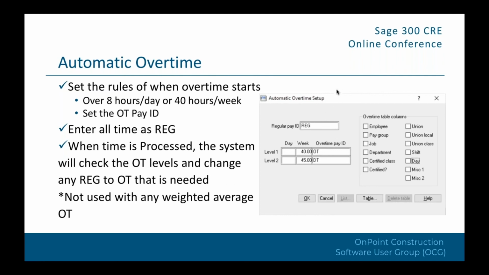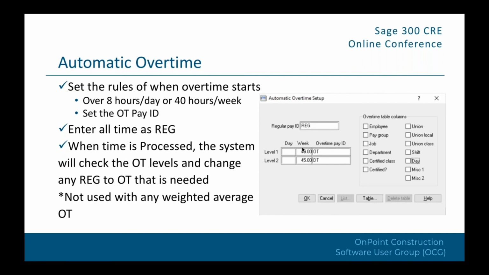And so in this instance, it's REG, and it says level 1, anything over 40 hours a week, change it to overtime. If they go to 45 hours, then change it to double time. Or you could have on this table the day, and if it was a Saturday, you could say it's overtime, or if it's a Sunday, it's double time.